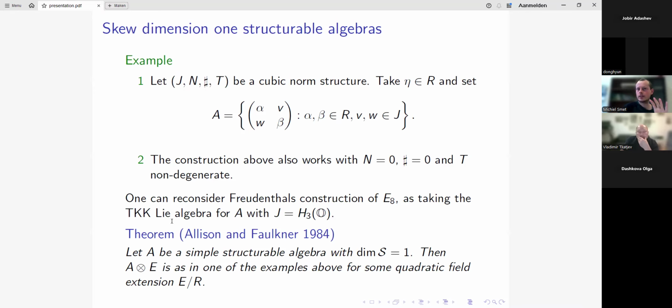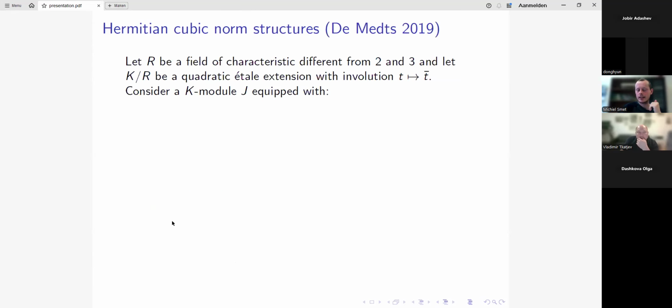To understand these skew dimension one structurable algebras better, so that you don't have to first look at the quadratic field extension, you can introduce Hermitian cubic norm structures. So we have our base field R, and we take a quadratic étale extension K with involution. So think of the diagonal subalgebra of the matrix structurable algebra.